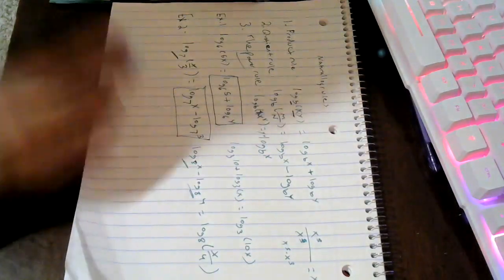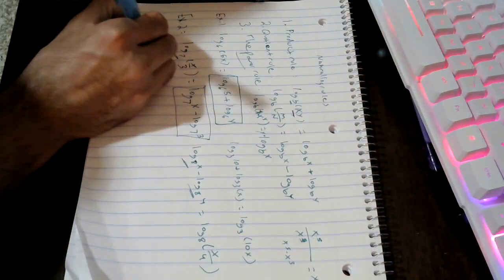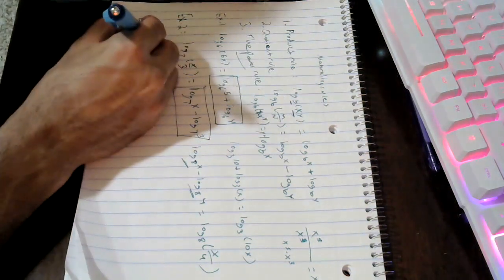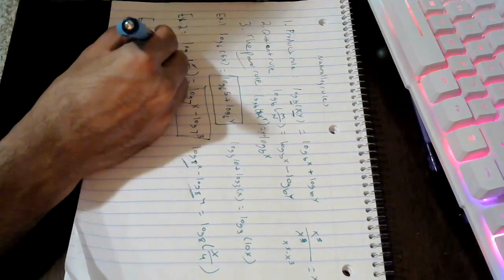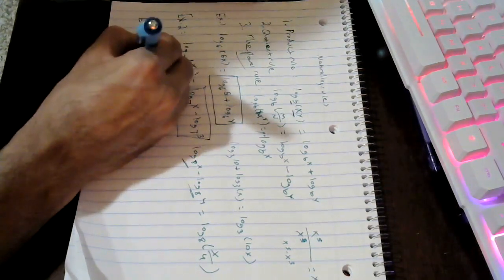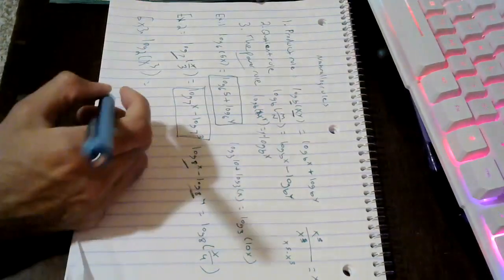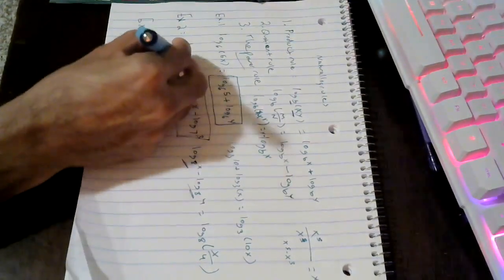Okay? Finally, let's do a third example. Now we have the power rule, correct? Let's say I have log 2 of x to the third. What I can do is move this to the front.